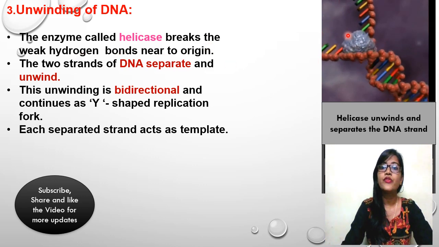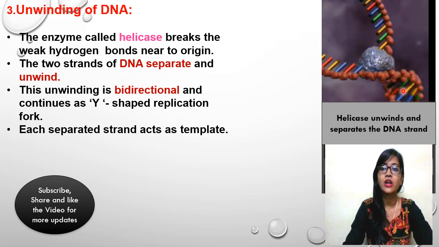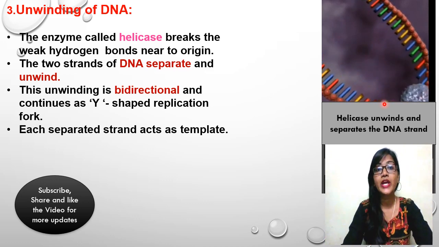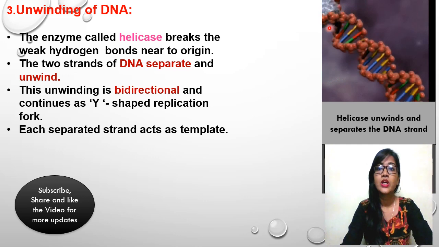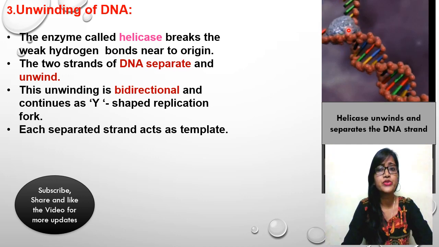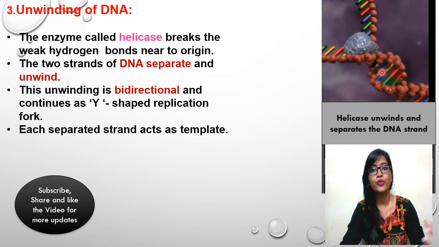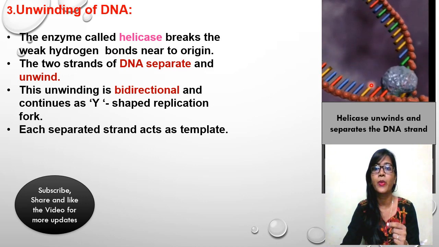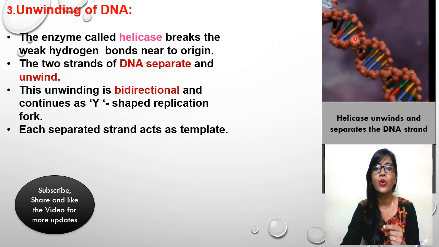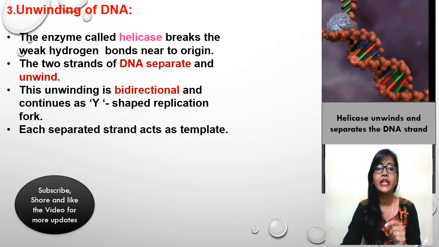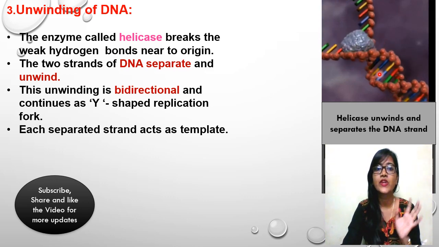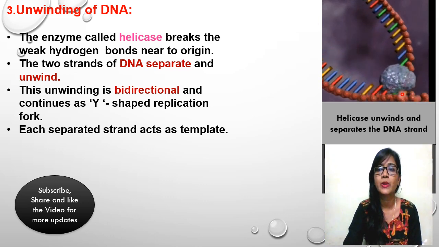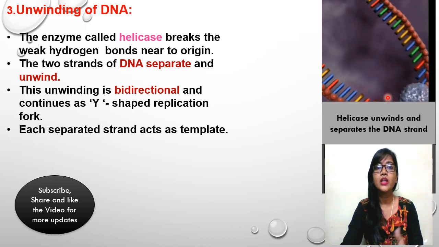These are the weak hydrogen bonds present in between the two strands of the DNA. Beautifully, the helicase moves forward and breaks and separates these hydrogen bonds, and it separates the two strands of the DNA.